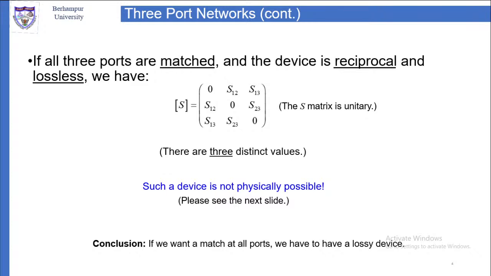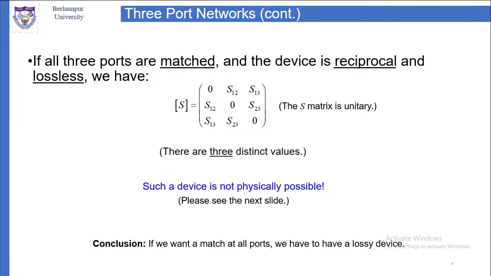It is reciprocal. Suppose you have an M cross N matrix, then the matrix is called reciprocal if AMN is equal to ANM. So S12 is equal to S21. Now S21 is written as S12, S31 is written as S13 because of reciprocity.